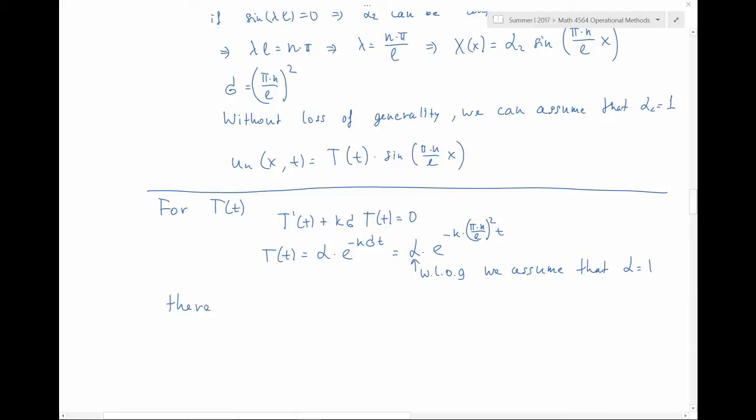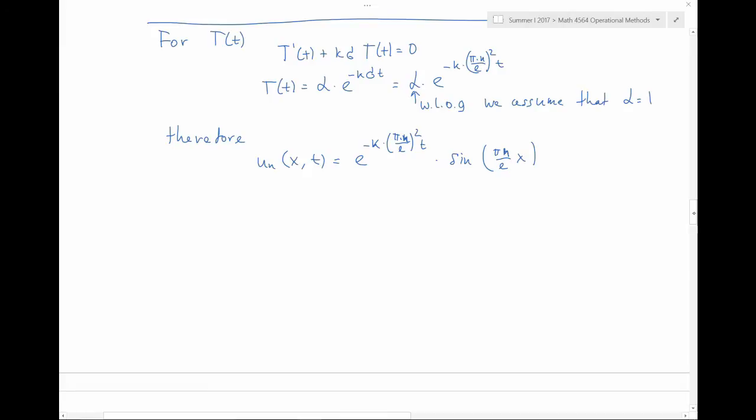Therefore, each function u sub n of x and t turns into e to the minus kappa times pi n over L squared t times sine of pi n over L x.